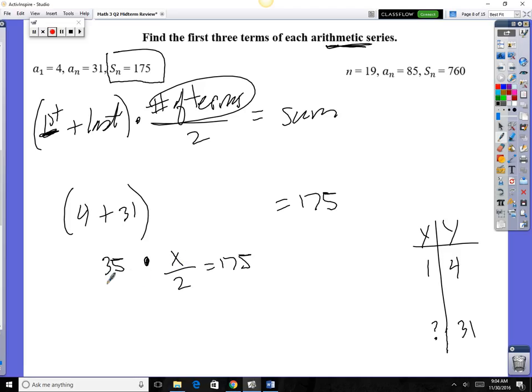So you can ditch the 35. Instead of times 35, divide 35, divide 35, and I need a calculator.